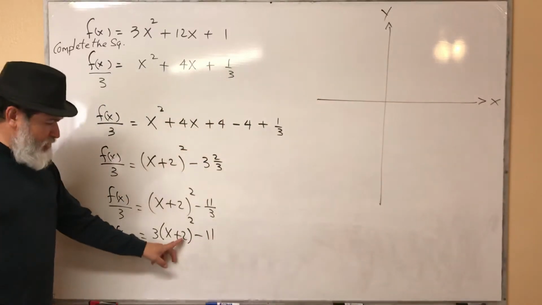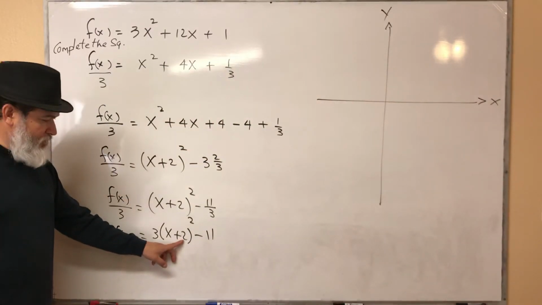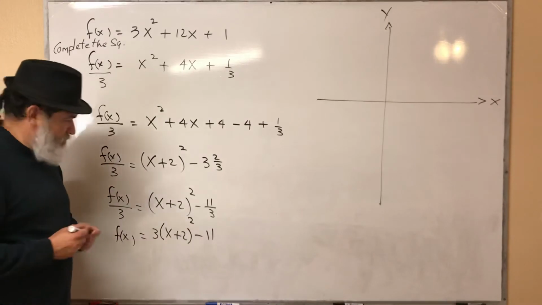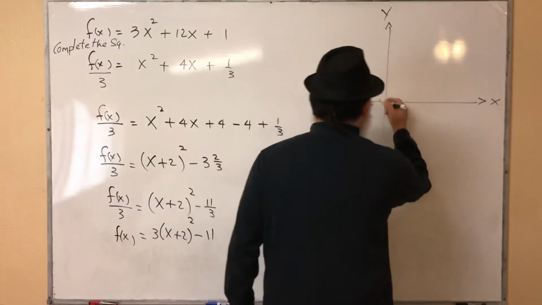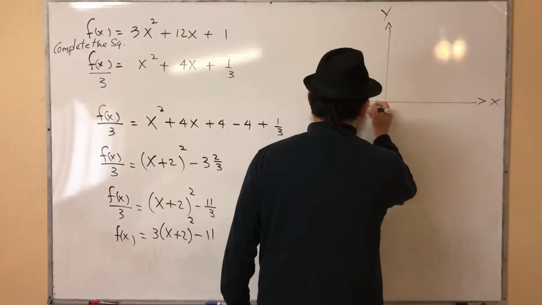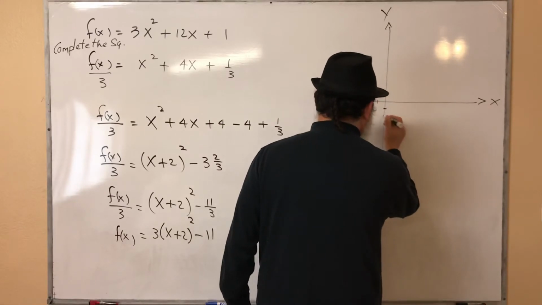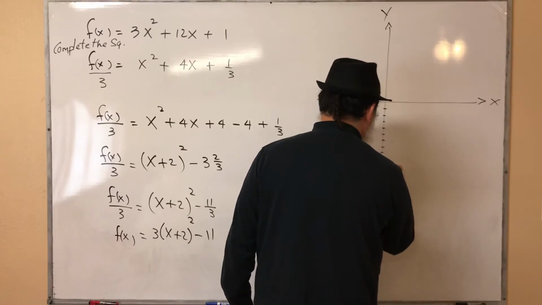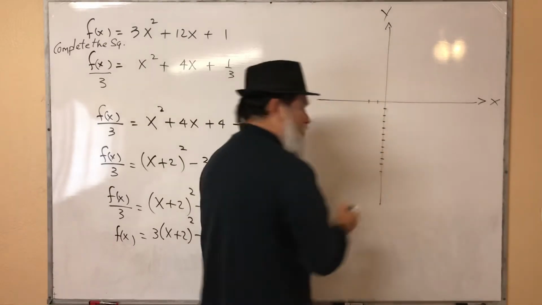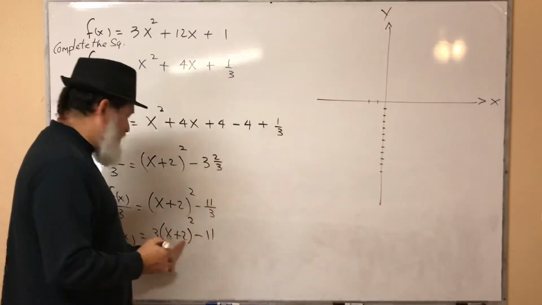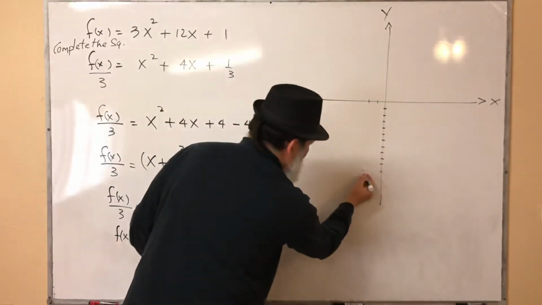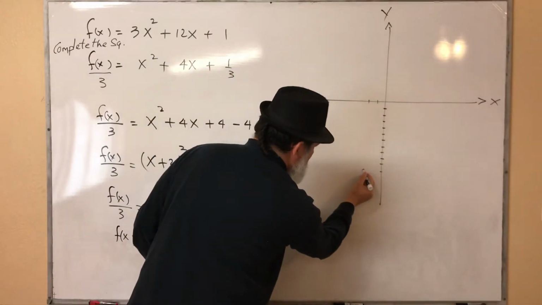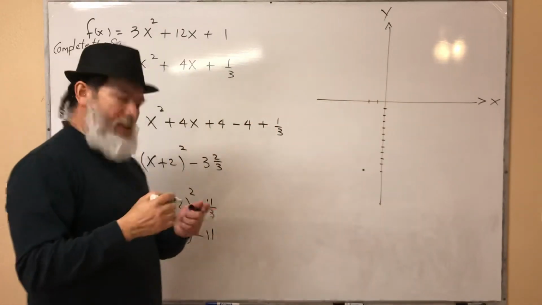Go to -2, the vertex -2, -11. -1, -2, -3, -4, -5, -6, -7, -8, -9, -10, -11. So -2, -11 right there. That's the vertex.